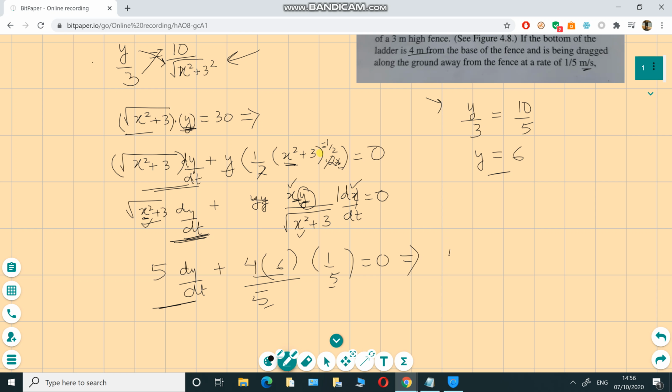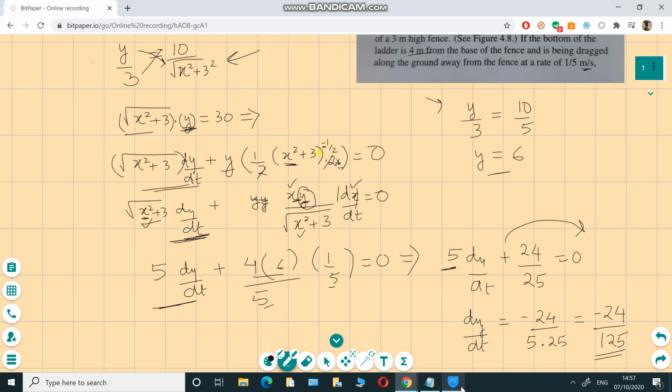So this becomes 5 dy over dt plus 24 over 25 equals 0, or dy over dt equals, I move this to the right side, this becomes negative 24 over 25, and then I want to get rid of the 5 from here, so I divide both sides by 5, so you get 5 times 25 in the bottom, which is just negative 24 over 125.